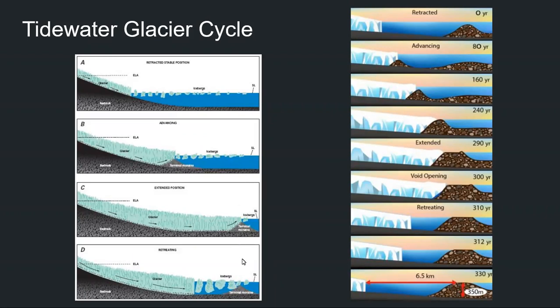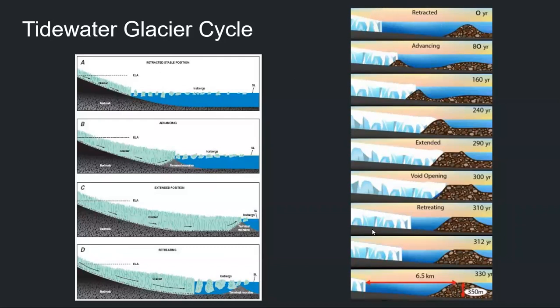But if it starts retreating, because maybe it has a very negative mass balance, then the glacier will start retreating into deeper waters that, ironically, it put itself into. And so basically there's nothing stopping it from calving away and just retreating up until the retracted stable position.